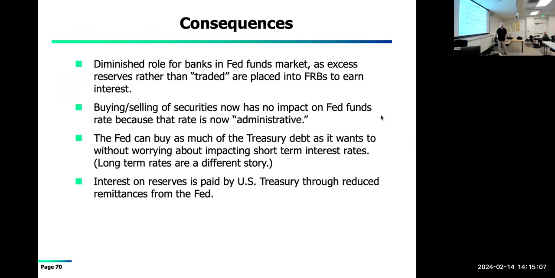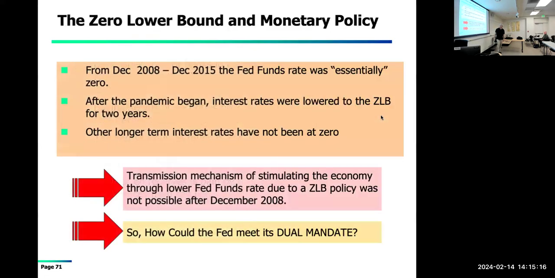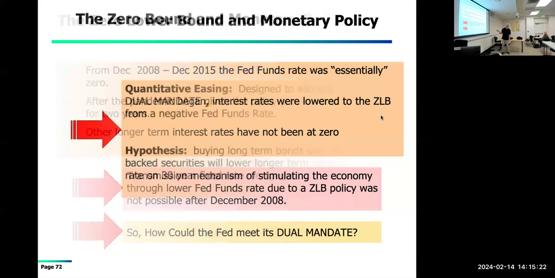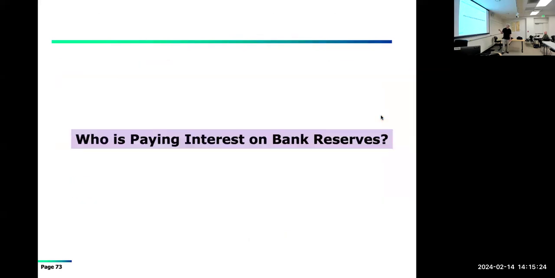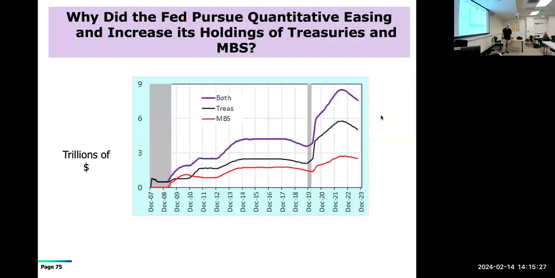So the consequence is this. This is the piece that the interest on reserves is paid by the U.S. Treasury through reduced remittances on it. And I'm going to show you how they did this. This is the piece, the quantitative easing, who is paying interest on reserves.